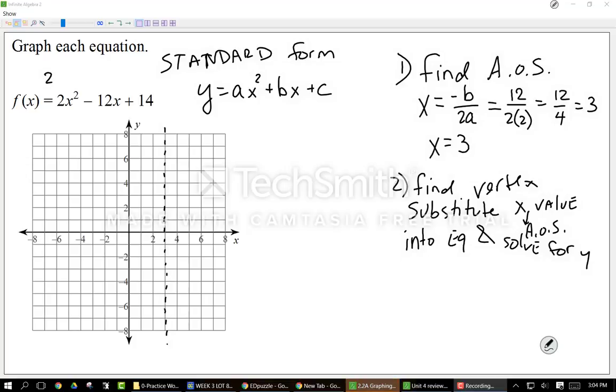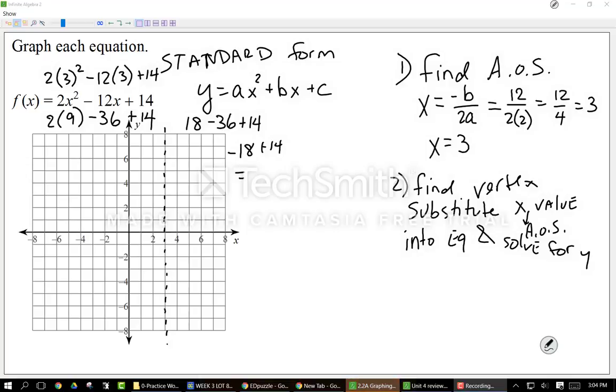I get 2 times 3 squared minus 12 times 3 plus 14. Using your calculator or your brain, you can figure this out as 2 times 9 minus 36 plus 14, which is 18 minus 36 plus 14, which is negative 18 plus 14, which is negative 4.